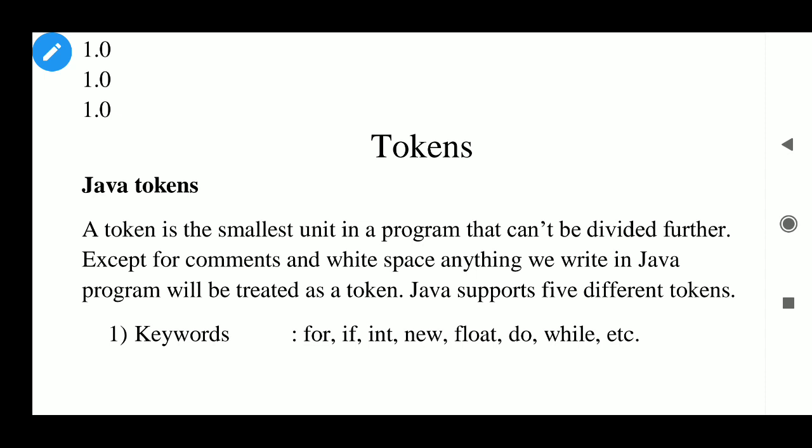Java supports 5 different tokens. First one is keyword, that is for, if, int, new, float, do, while, etc. Right? Break, continue.